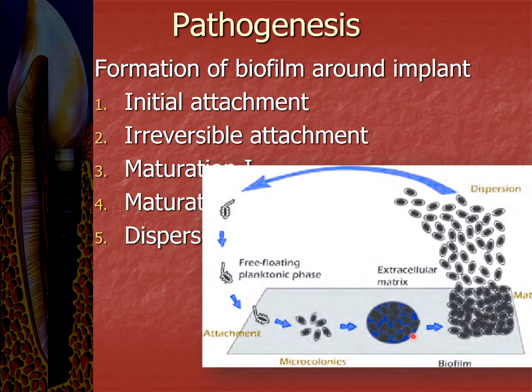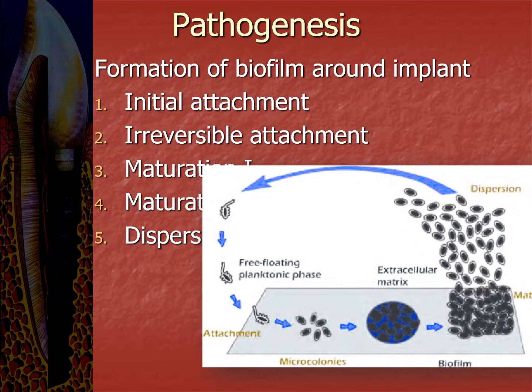Then comes maturation 1, where some of the superficial cells secrete matrix dissolving enzymes and begin to develop flagella. And in the maturation 2 stage, the outermost layer of the bacteria begins developing spores within their cytoplasm.